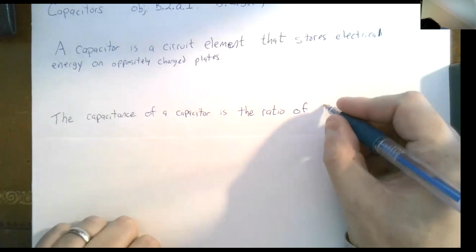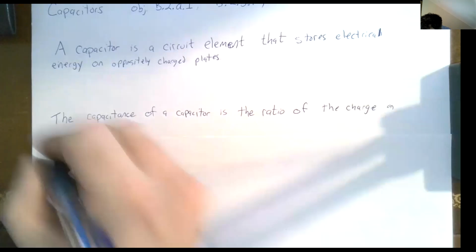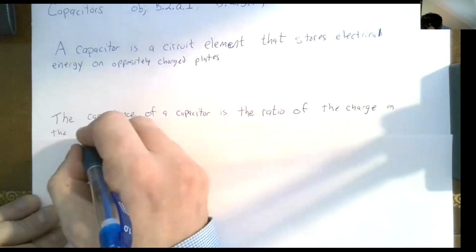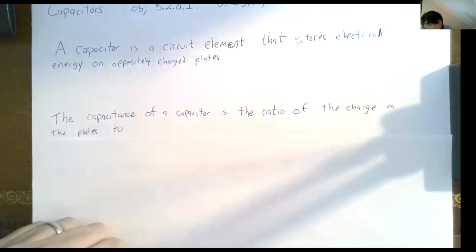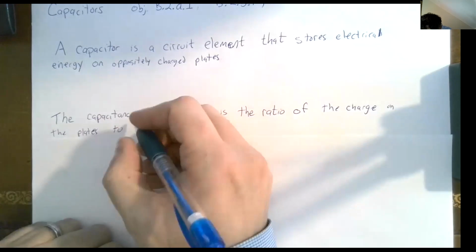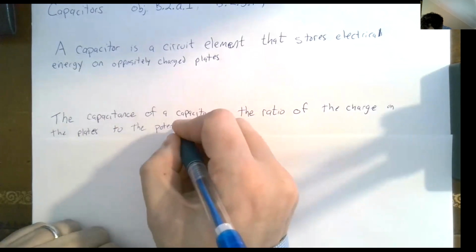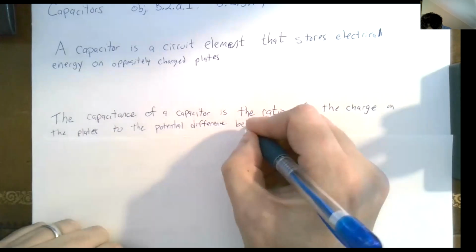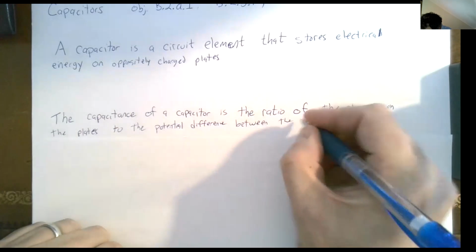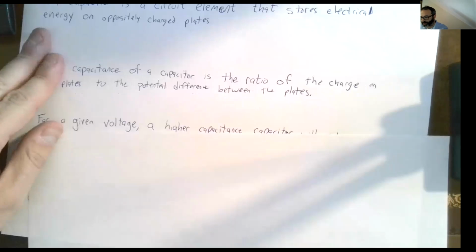So it's the ratio of the charge on the plates to how much potential difference we can store, so to the potential difference between the plates.